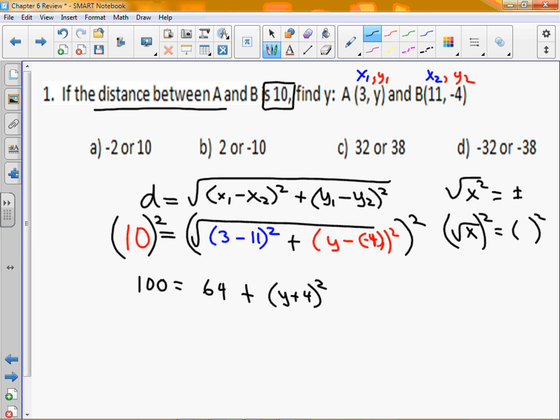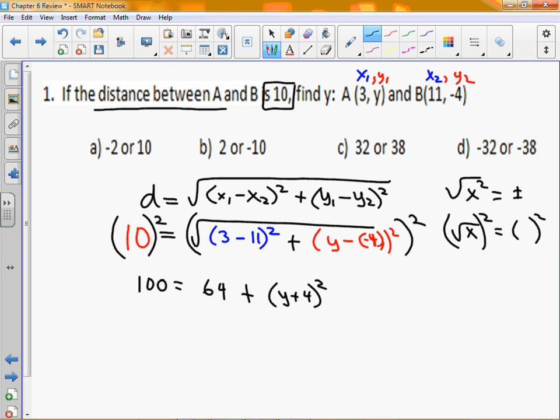All right, some of you, I know this, and this is what I did, guys. When I did this problem on the key, when I made out the key right there, I said 11 minus 3. I had x2 minus x1, so I had 11 minus 3 right there. Since I had 11 minus 3 right there, here I had negative 4 minus y.